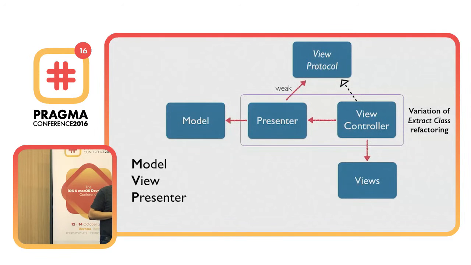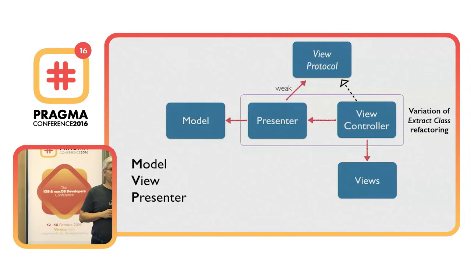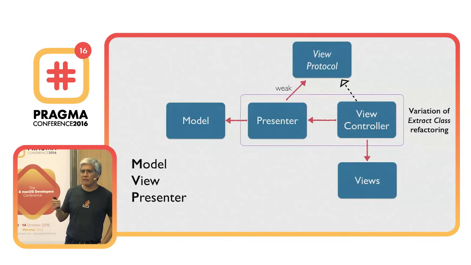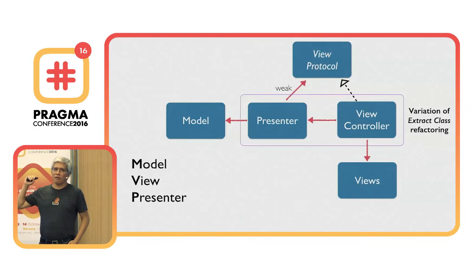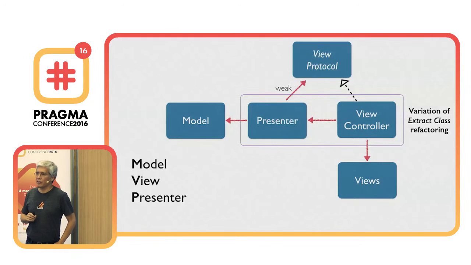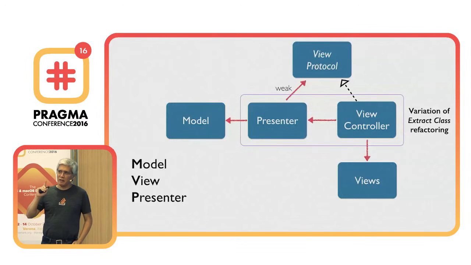What we want to do now is move stuff. We want to get stuff out of the view controller. And we're going to perform a variation of extract class, the extract class refactoring. Now you may be thinking, John, I don't remember ever seeing extract class in Xcode. You're right. In fact, it's not even in AppCode.